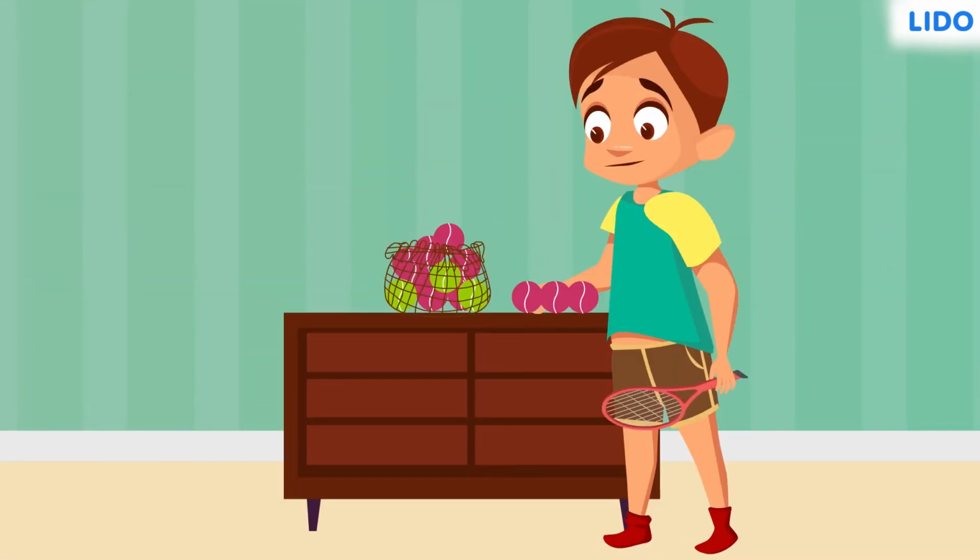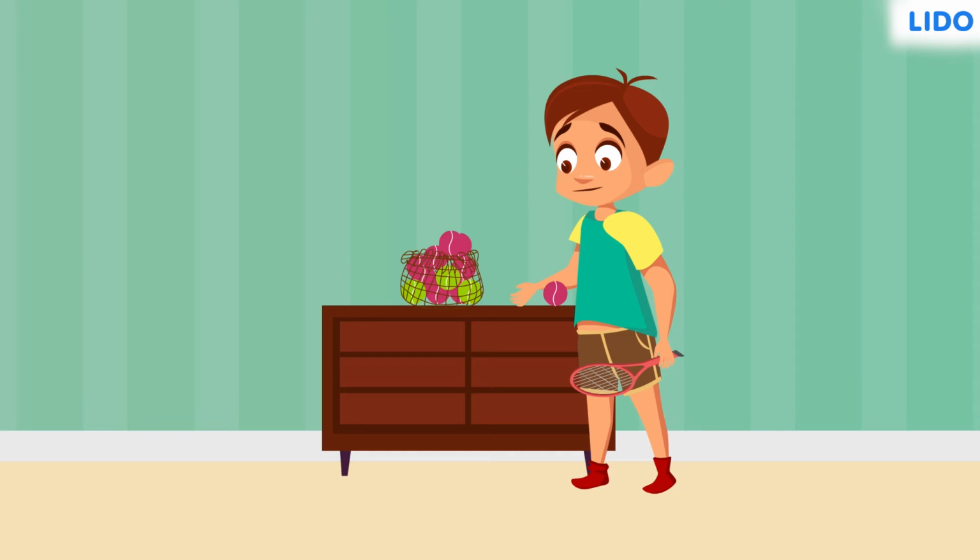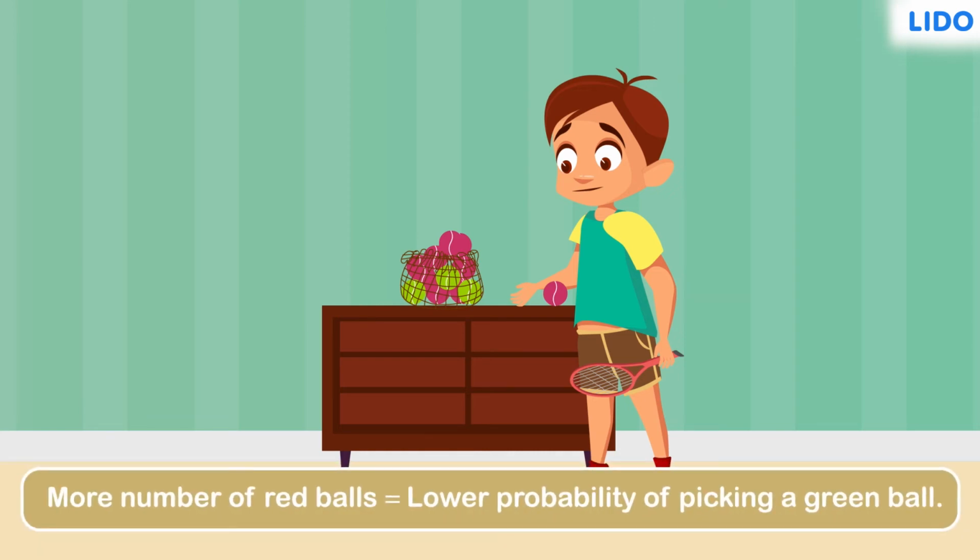Okay, now what if we didn't touch the green balls and added some more red balls instead? How would it affect the chance? Well, more red balls means lesser chances of picking out a green ball. But we didn't do anything to the existing green balls, did we? All we did was increase the number of balls in the bag.